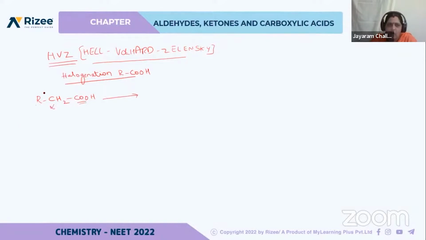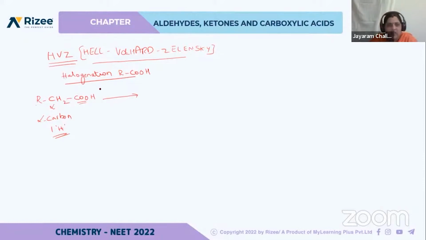R may be an alkyl group or simple H also, no problem. But our condition is alpha carbon should at least have one hydrogen. This is the first basic condition: alpha carbon atom should contain at least one hydrogen atom.